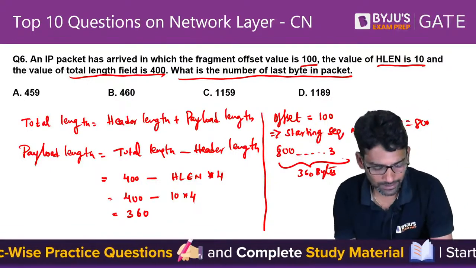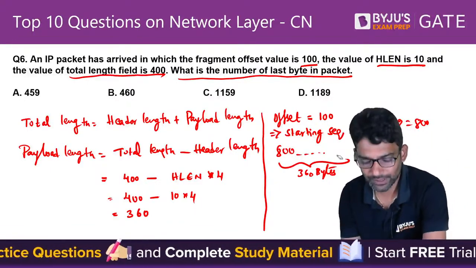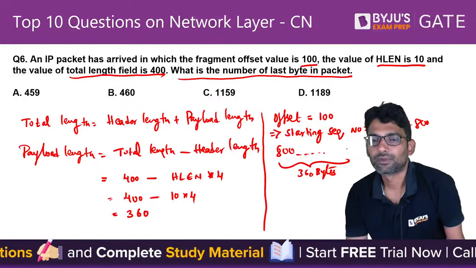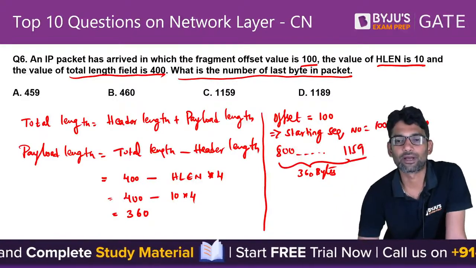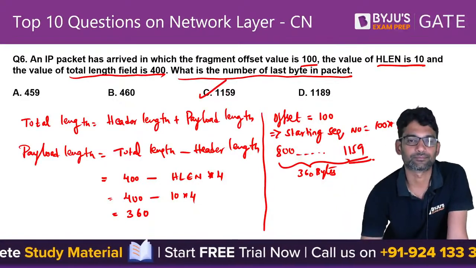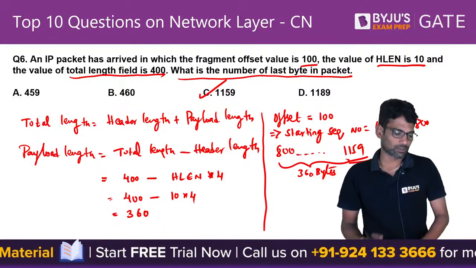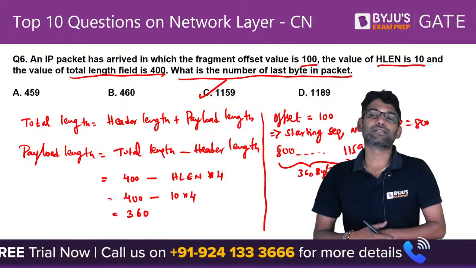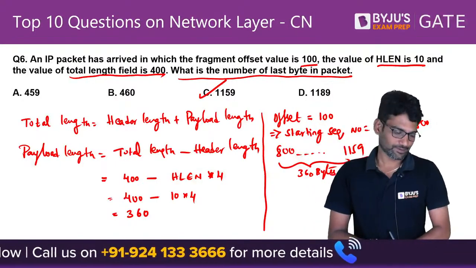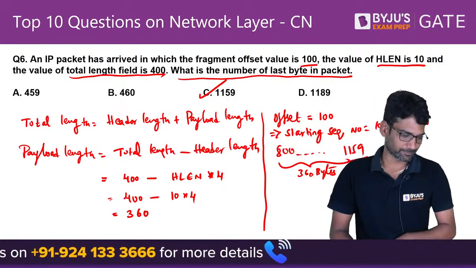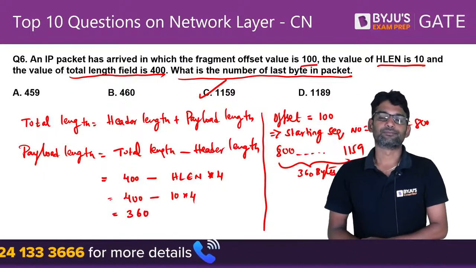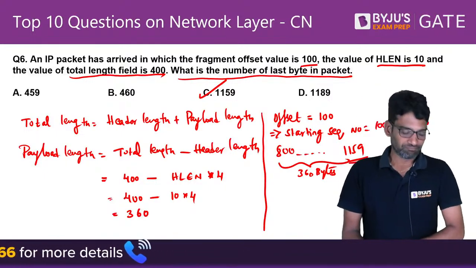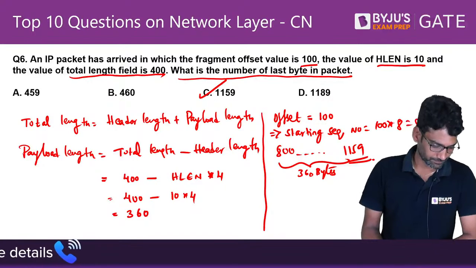So the ending number including 860 would be 1159. 800 is inclusive. Yep, correct, Jay Shankar.